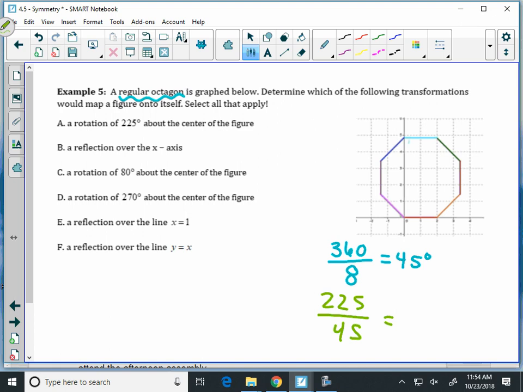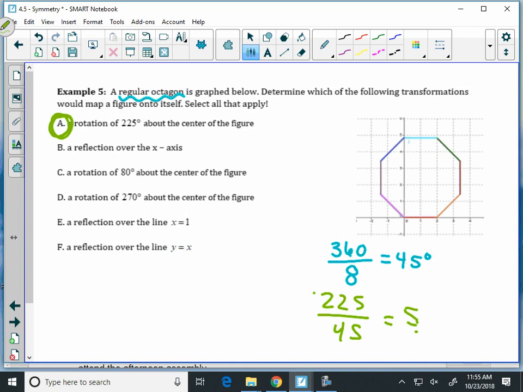What is 225 divided by 45? 5. We got a whole number. That means if we rotate that octagon 5 times at 45 degrees, it will be a total of 225 degrees. So yes, rotating that figure 225 degrees will work. 5 45-degree rotations equals 225.